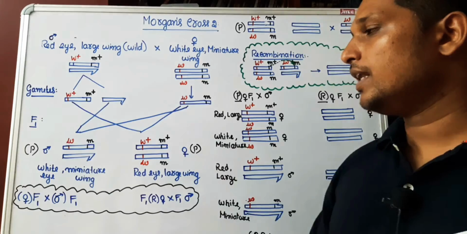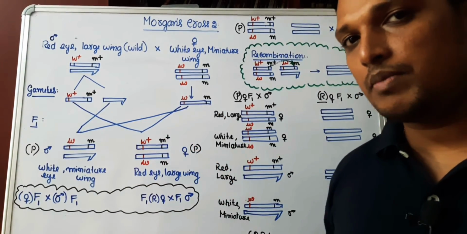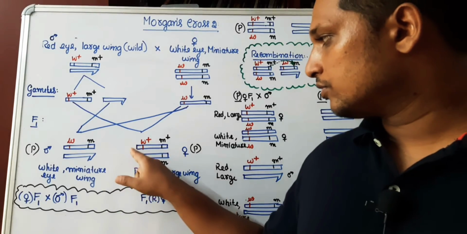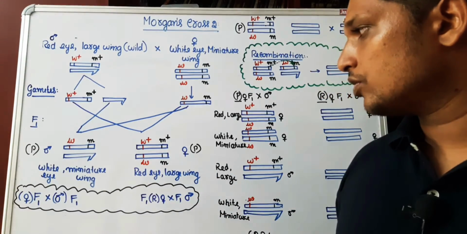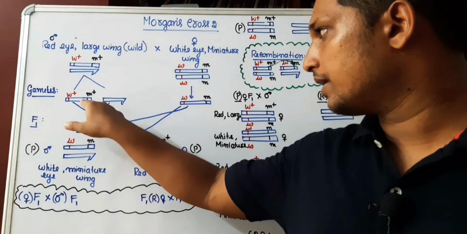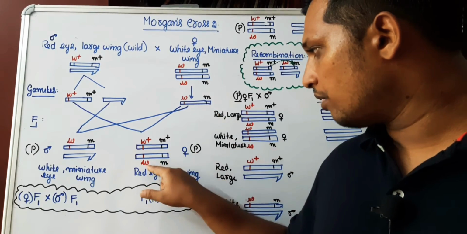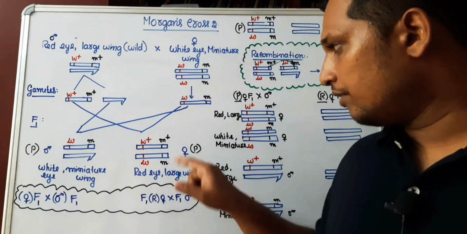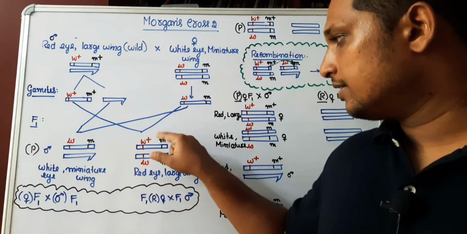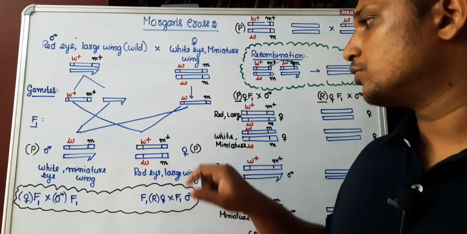Now there will be a fertilization. If the X of male fertilizes the X of female, then a female will be formed with 2 X chromosomes containing W plus and M plus of the male X and small w, small m of the female X. What is that female? Dominant alleles are there, W plus red eye, M plus large wing.